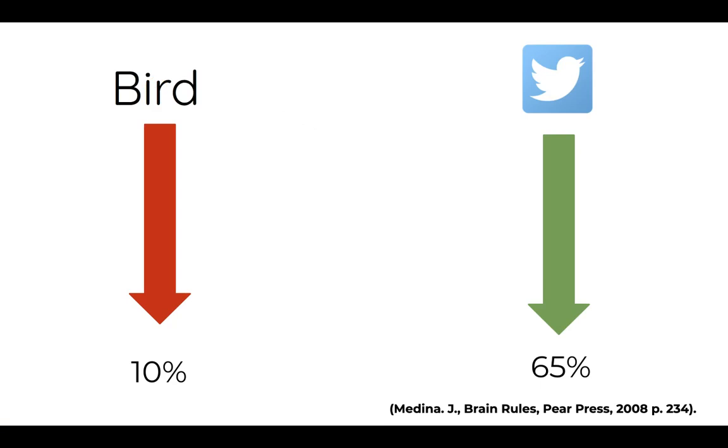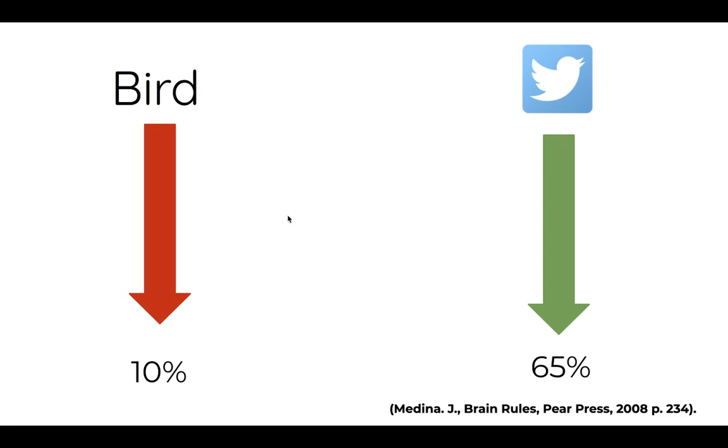John Medina, who is the author of the book Brain Rules, did a study, and what he found was that when you include visuals in any of your graphics, anything that you're trying to learn or teach, participants who saw the visual of the word, versus just reading the word, were 65% more likely after 72 hours to remember what they had seen versus what they had heard or read.